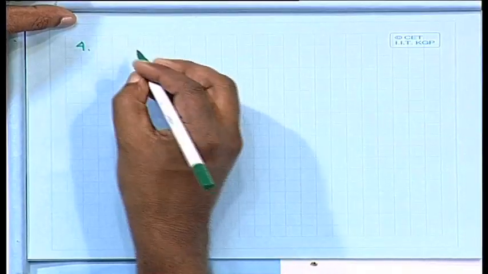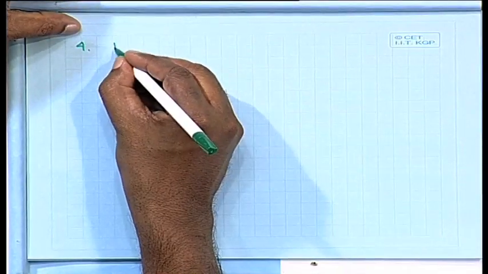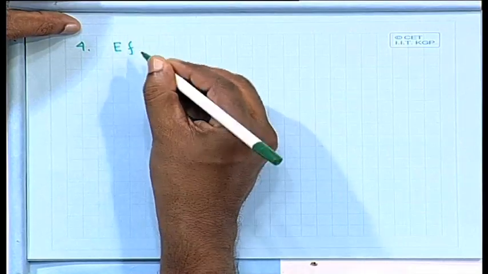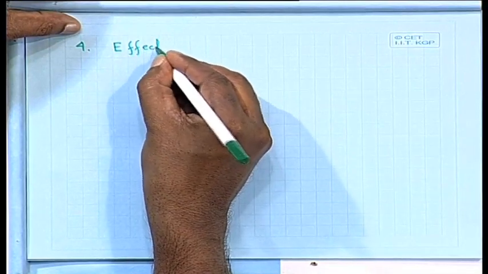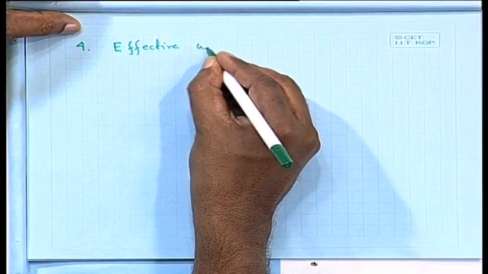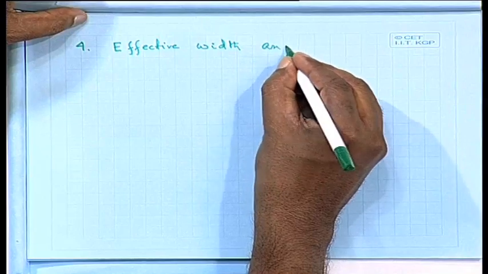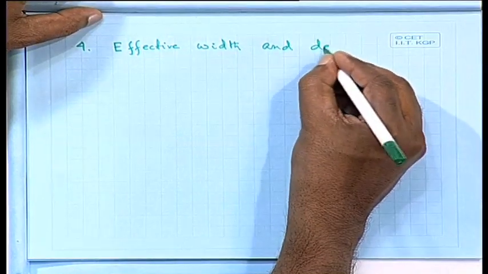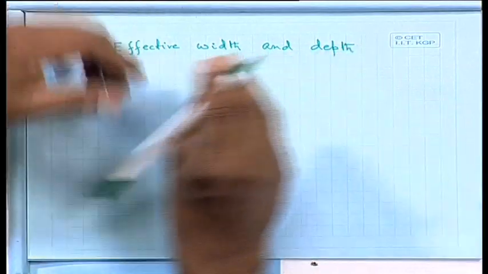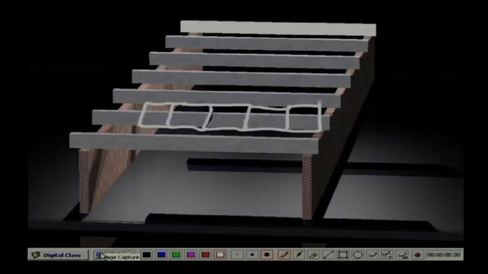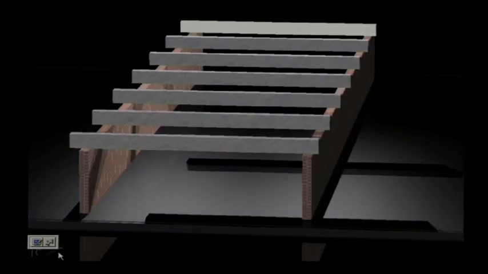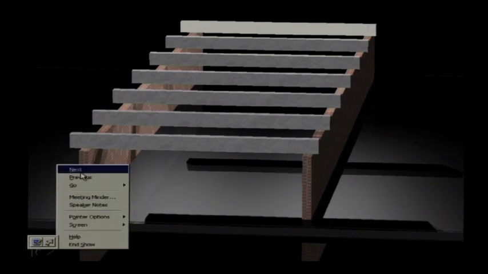Next one, number 4, the effective width and depth. Now, we have to mention what is the effective width of this flange.